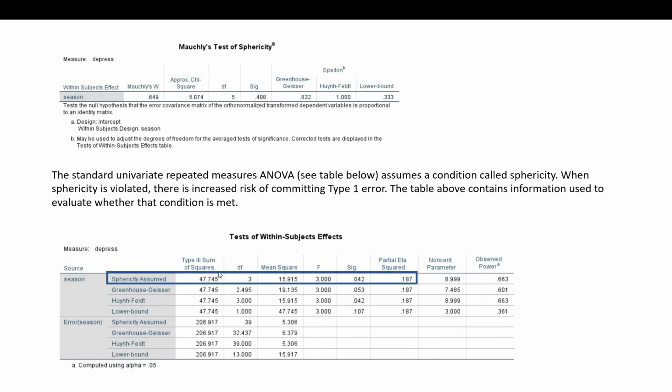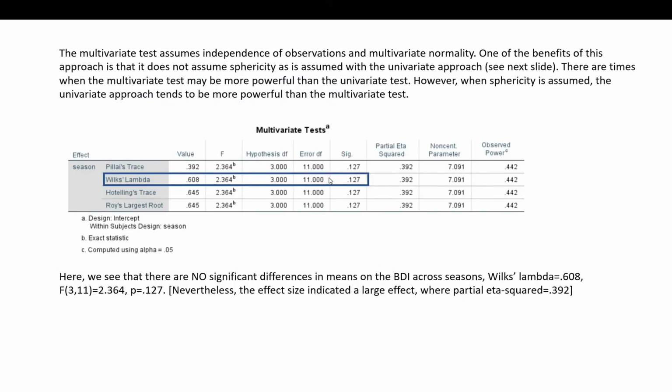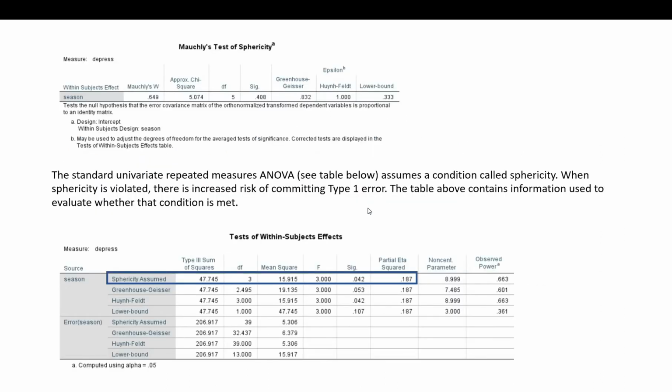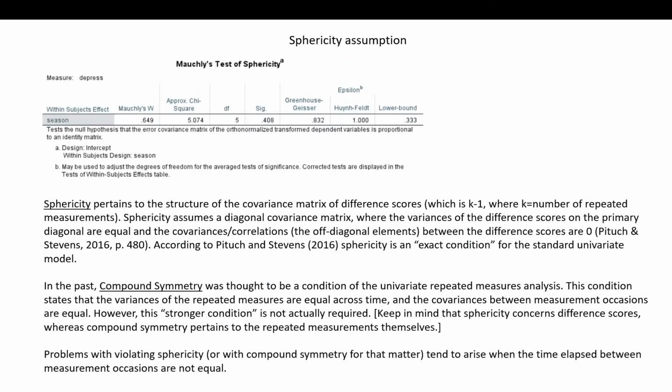And so if sphericity appears to be violated, which we can judge using the information in the table above, then one consideration might be to rely on the multivariate test results. However, there are adjusted univariate tests that you can use, such as the Greenhouse-Geisser or Huynh-Feldt, that can offset the effects of a sphericity violation.